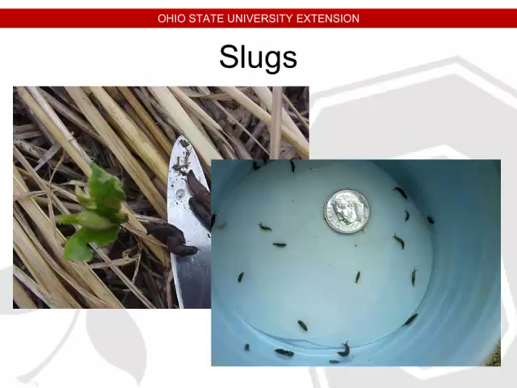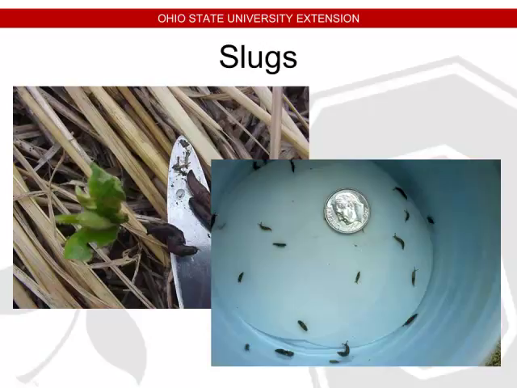It is prevalently juvenile slugs, and you can see the dime there and a multitude of tiny little slugs in the cup there. The importance of recognizing that is adult slugs move around a lot, and so they can travel pretty good distances in a field on a nightly basis.